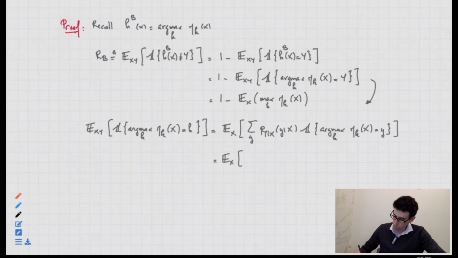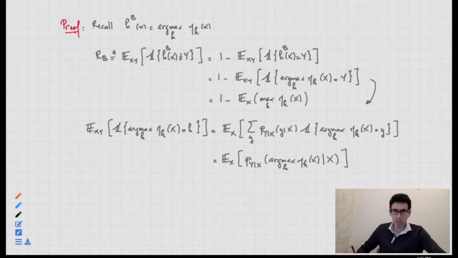So it allows me to write that sum that collapses to one point as the expected value over x of the probability of y given x, with y equal to the argmax over k of eta k of x, given that you're evaluating at the feature vector x.